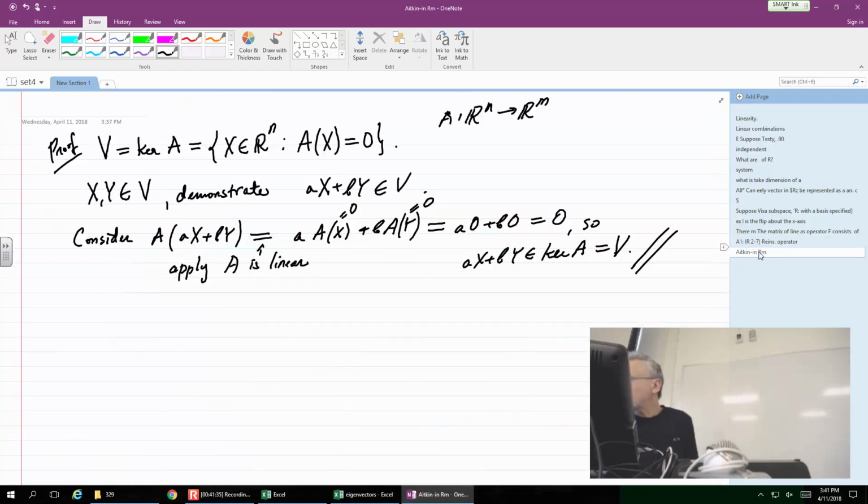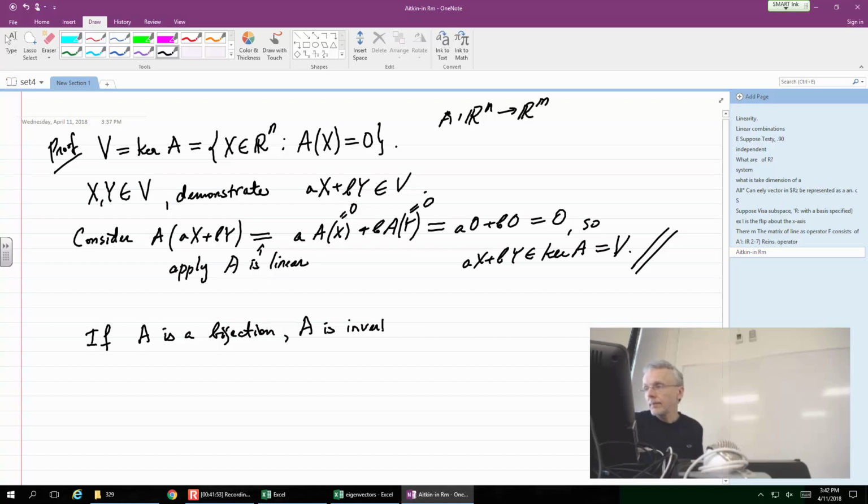Think about this. If A is a bijection, it means pretty much the same thing: A is invertible.